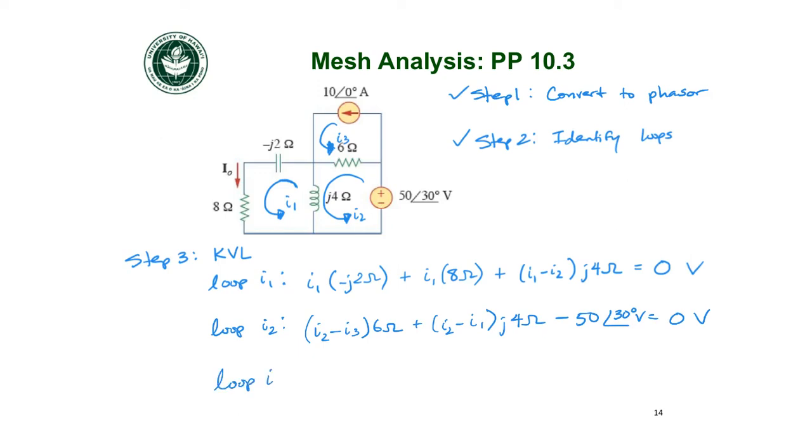Okay, now let's do loop I3. Actually, I know we can directly write what that current I3 is, because that should be the current from that current source. So I3 is 10 amps with an angle of 0 degrees.